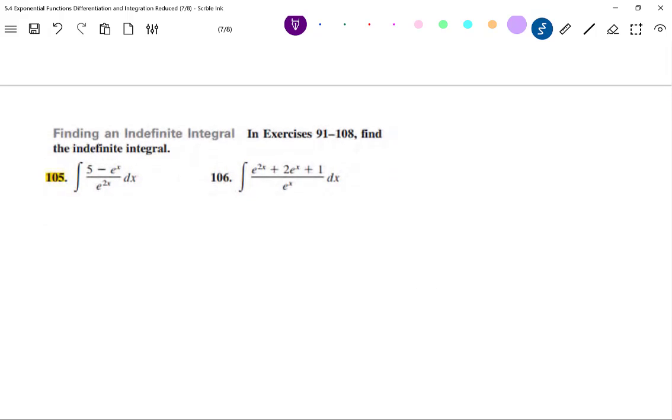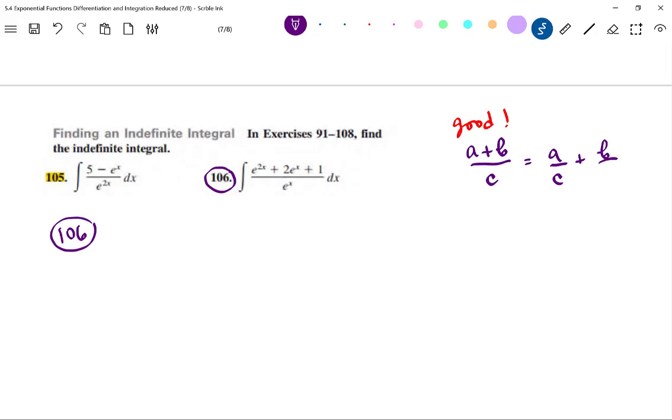Continue with some more examples. 106. For 106, notice that, and we've been talking about this before, a plus b divided by c is good, because we can always distribute the c and simplify the expression.